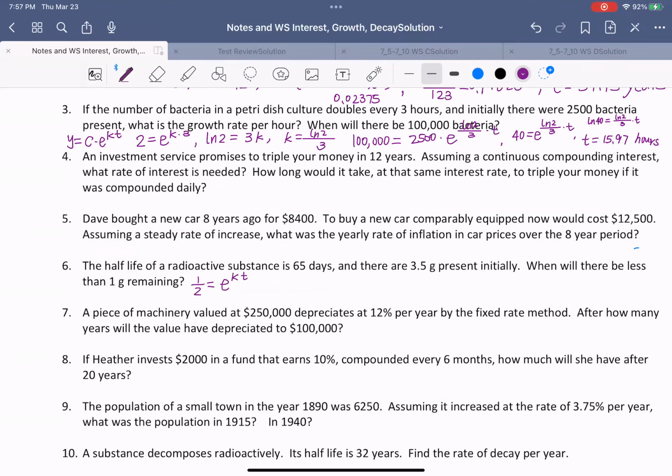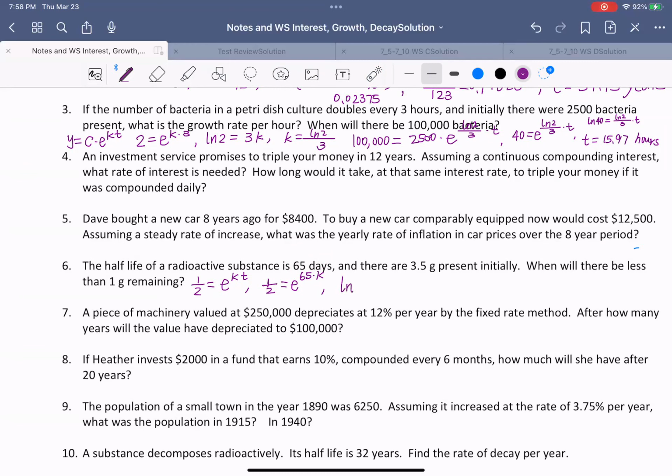How many days until you have 1/2 left? 65. So you have 1/2 equals e to the power of 65 times k. Make sense?